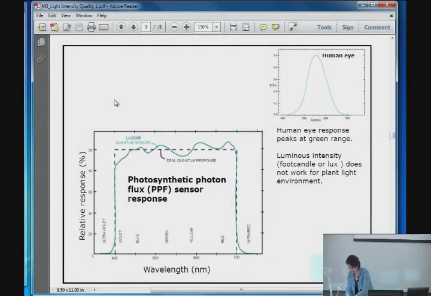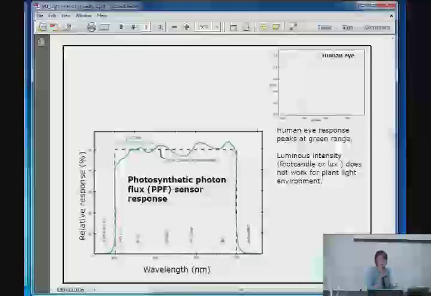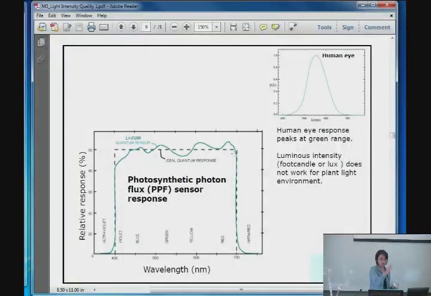So this is a sensor response. The sensor has a filter and correction factors so that it would measure the entire range 400 to 700 equally. Okay, so that's the PPF sensor, photosynthetic photon flux sensor.